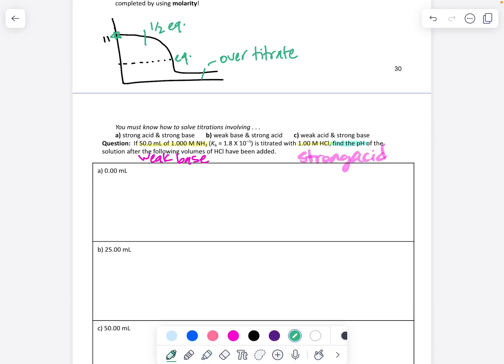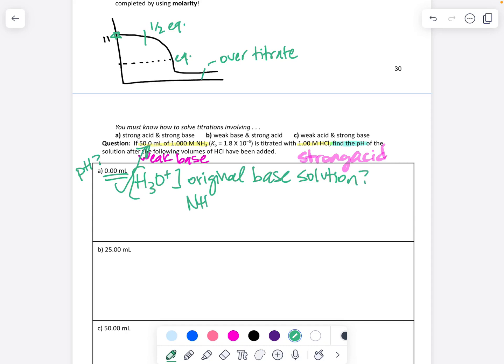So first I want to find what is the pH when I've added none of my hydrochloric acid. So what that's really asking is, what is my H3O plus concentration of my original base? Okay, so I want to think about when I have a weak base, what is its equilibrium in water? So I have my NH3.